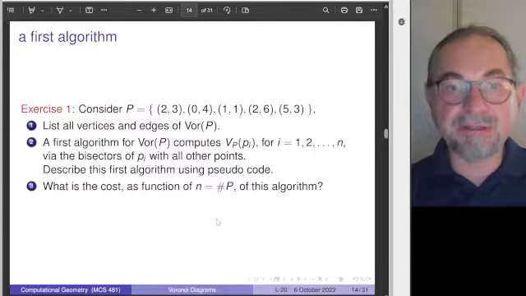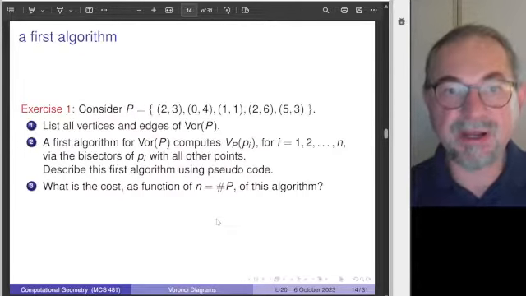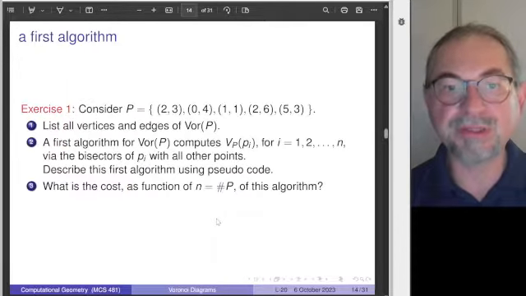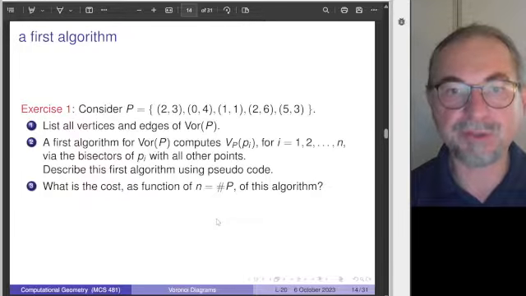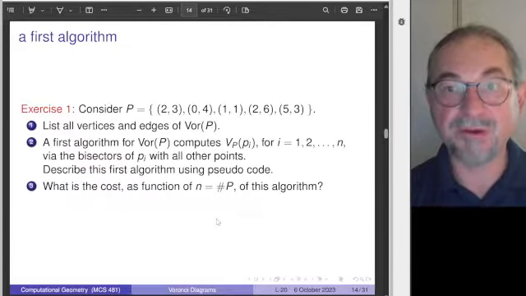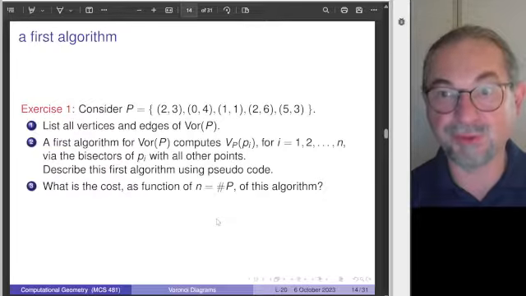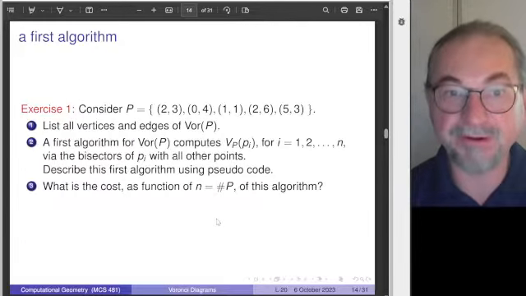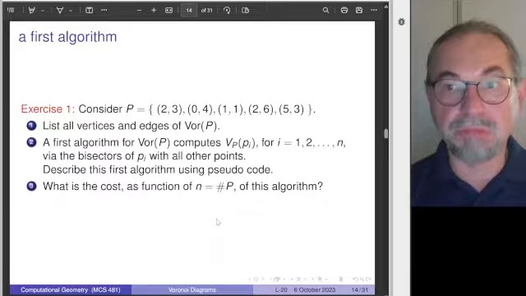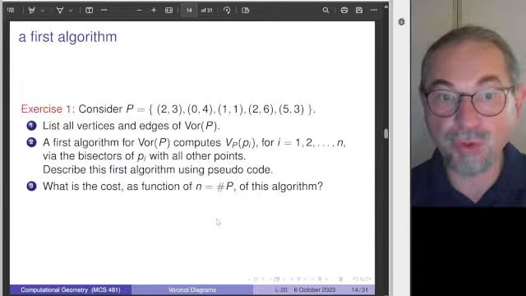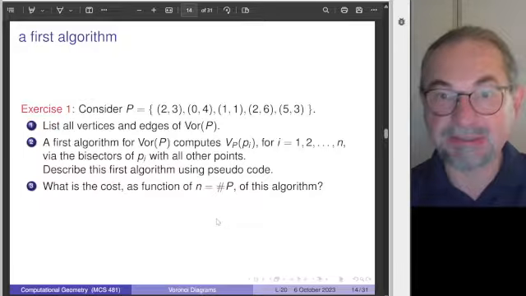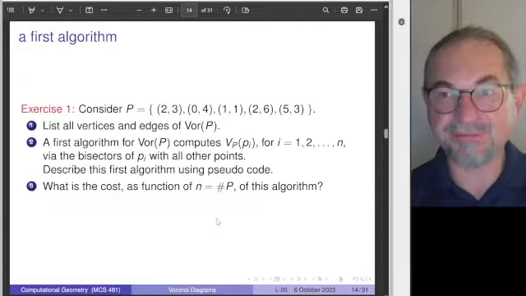Okay, so here is a first algorithm by computing all the bisectors. So we have 5 points. You can also use the software to verify your answer. But in some sense, you can also write some simple code to simply list all the bisectors.